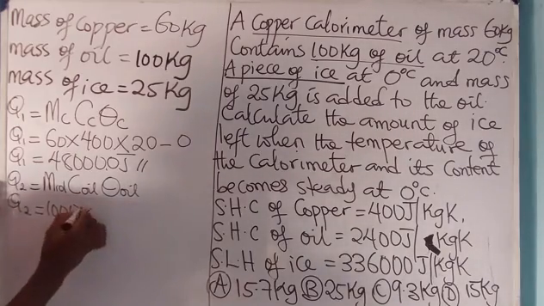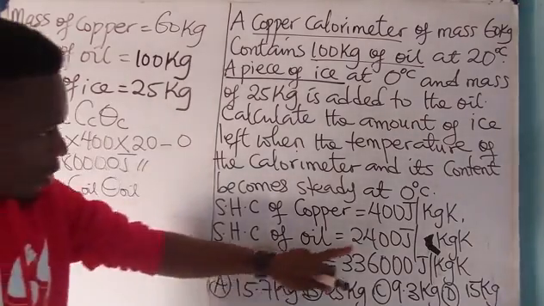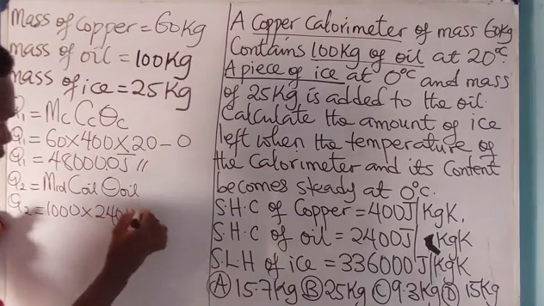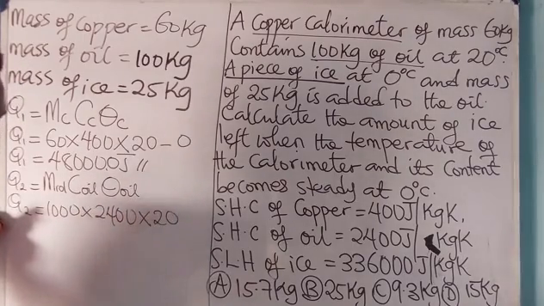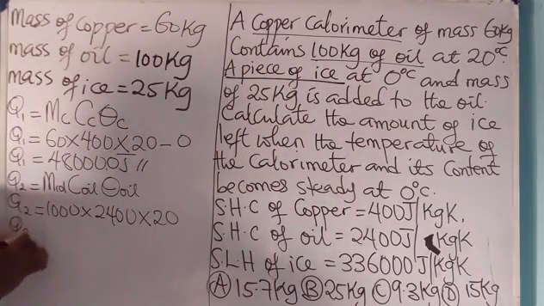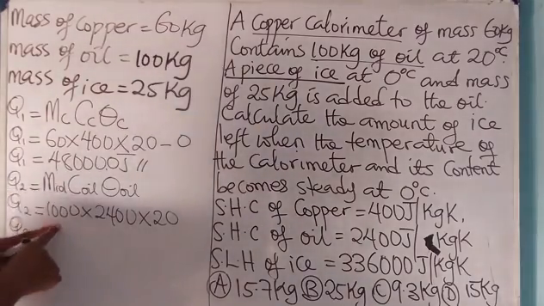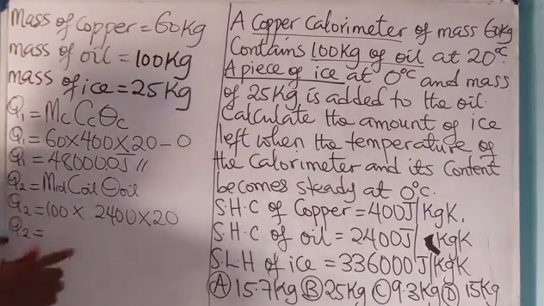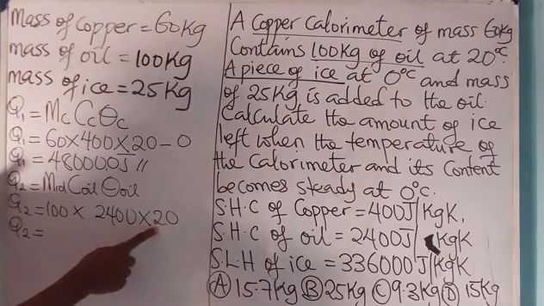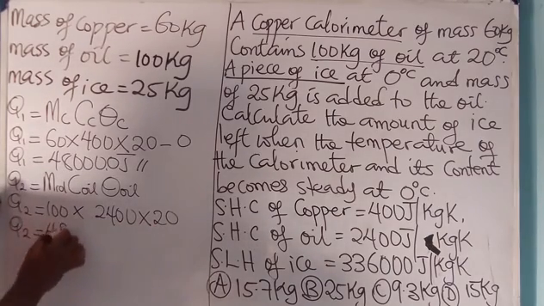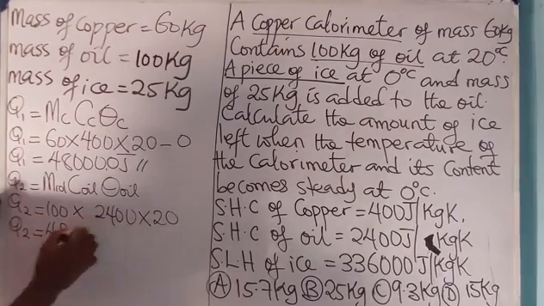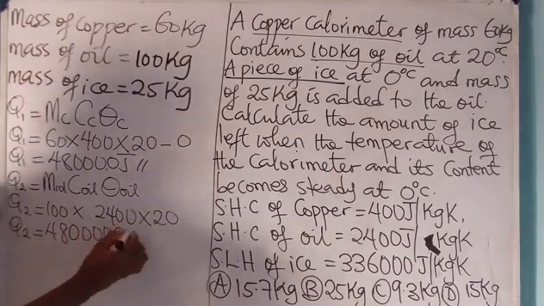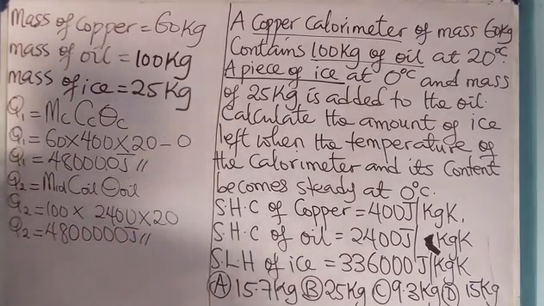Then times 2,400 times 20 minus 0, which is 20. So Q2 is equal to, okay, it's 100, sorry. We'll say 24 times 2, we have 48, so 0, 0, 0, 0, 0. That's 5 zeros. So that is the heat lost by the oil.